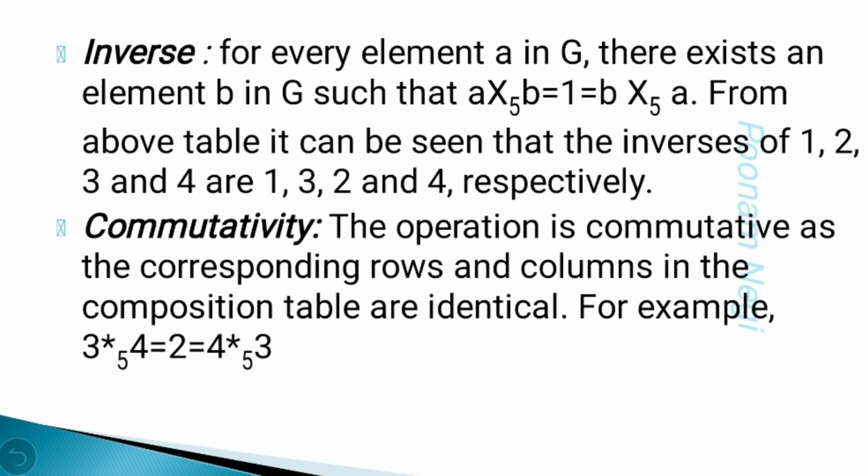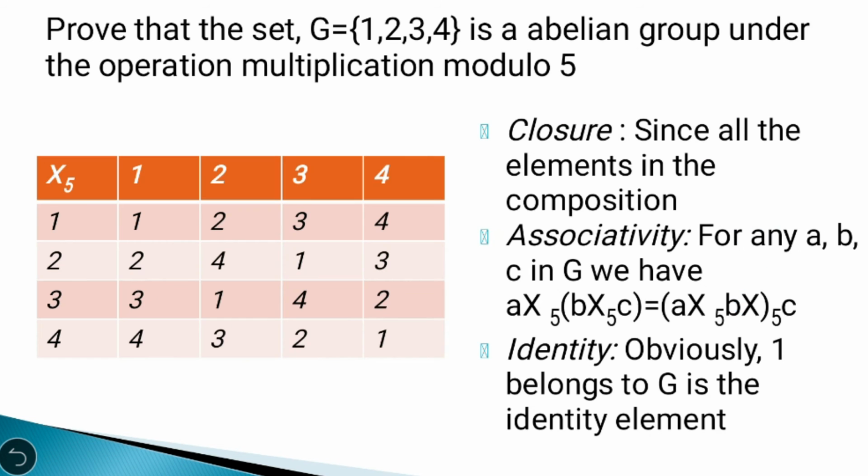Next, the inverse: for every element a in G there exists an element b in G such that a ×5 b equals 1, which equals b ×5 a. This 1 is your identity element, and from the above table you can easily verify that the inverses of 1, 2, 3, 4 are 1, 3, 2 and 4.